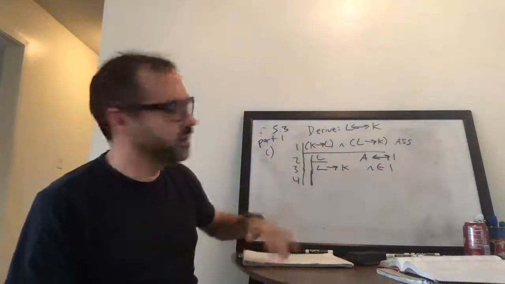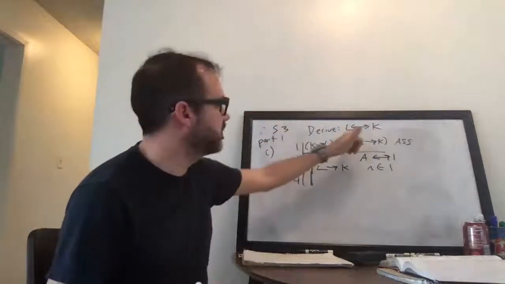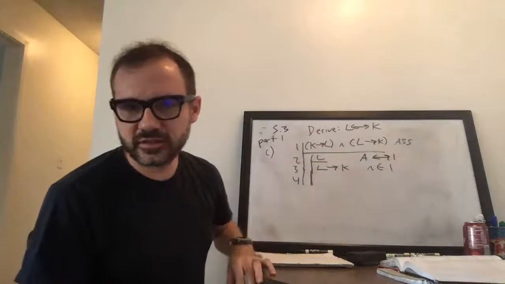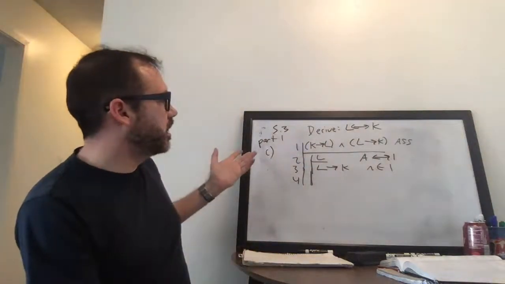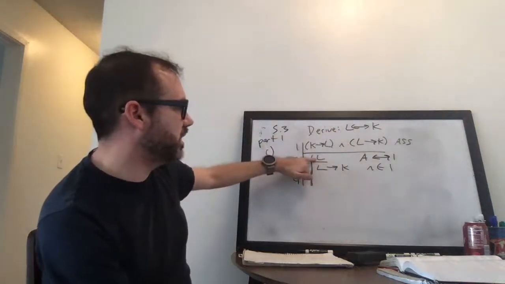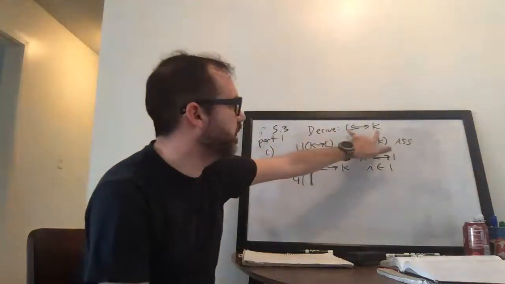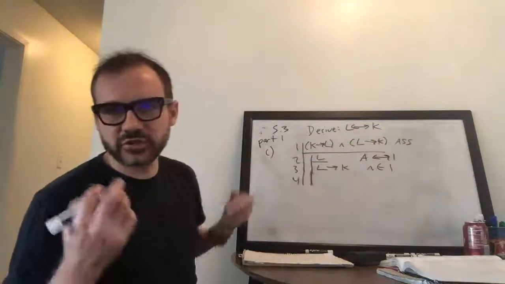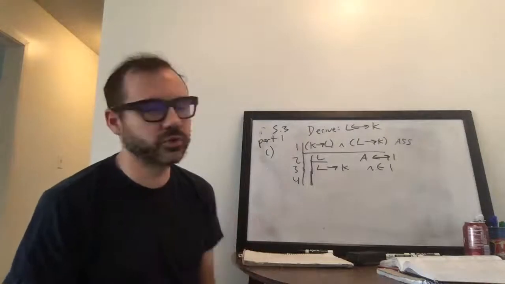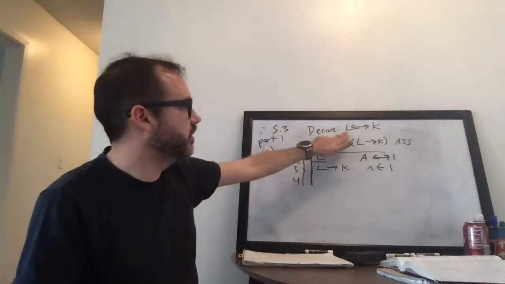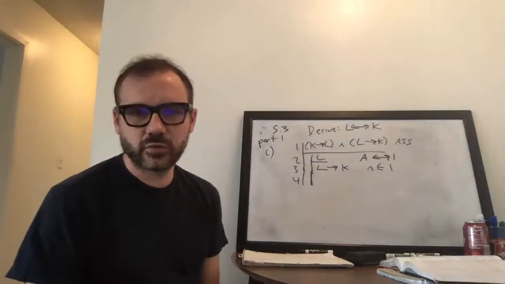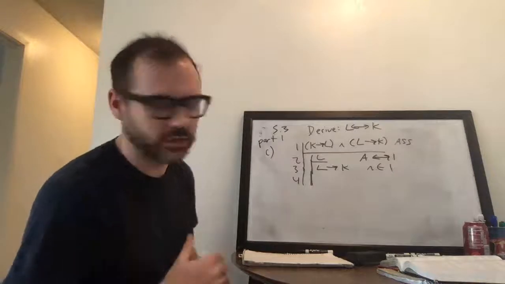So, if this said A and B in parentheses, double arrow, C and D in another set of parentheses, then we could assume A and B, the whole formula, as parentheses. But in this case, the things that flank the biconditional symbol on its two sides are just individual letters. And that is the reason that you would only assume the letter by itself rather than something more complex than that.